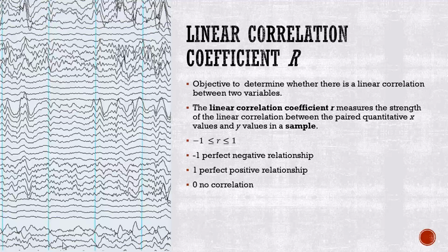R equaling -1 would refer to a perfect negative linear relationship. The negative means that the line would have a negative slope, okay? And what would a perfect linear relationship mean? That would mean all the points fall on a line. Here's a negative linear relationship.